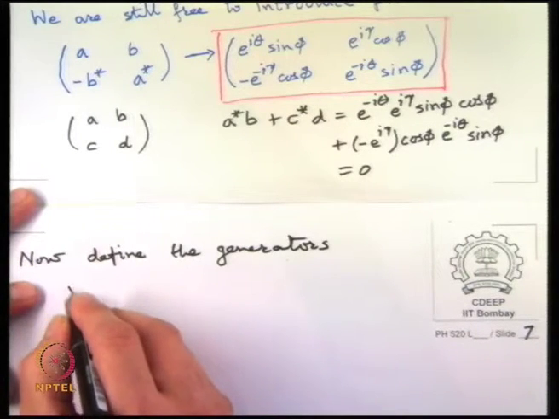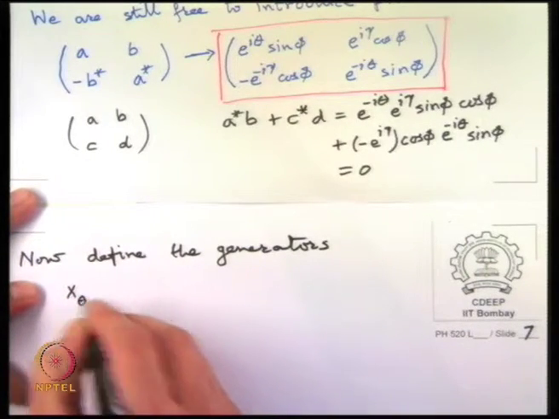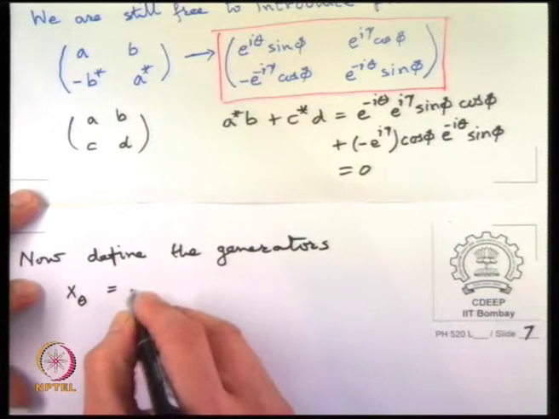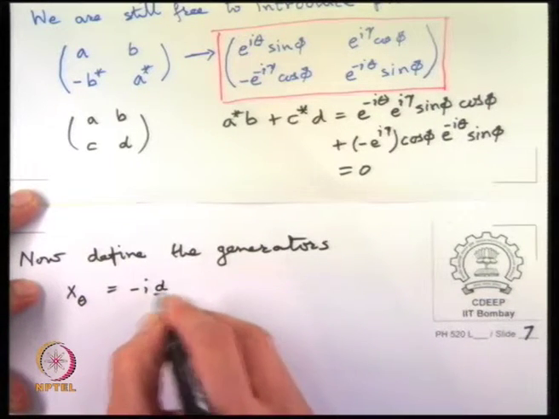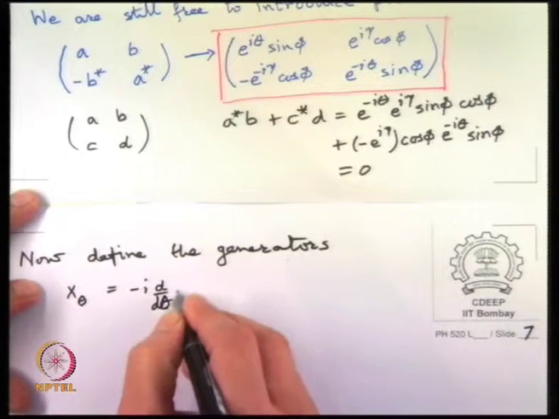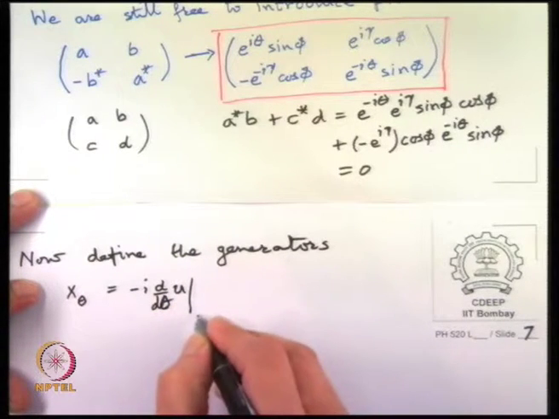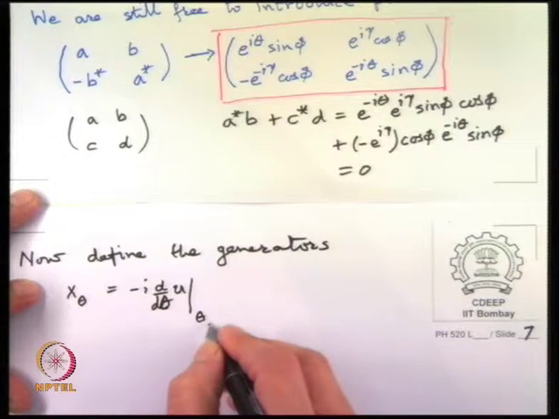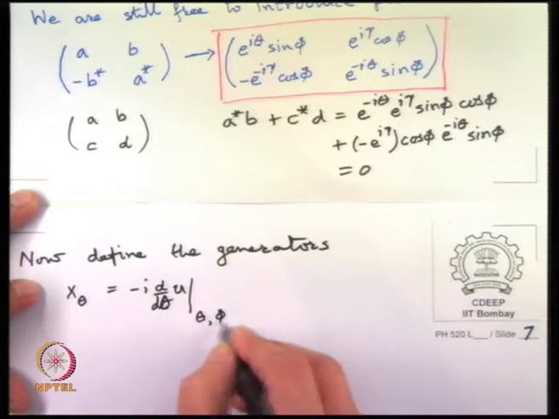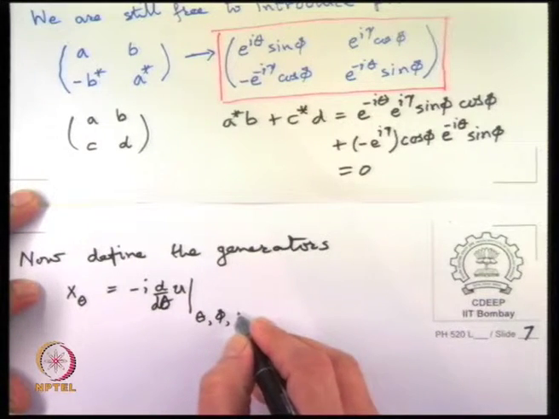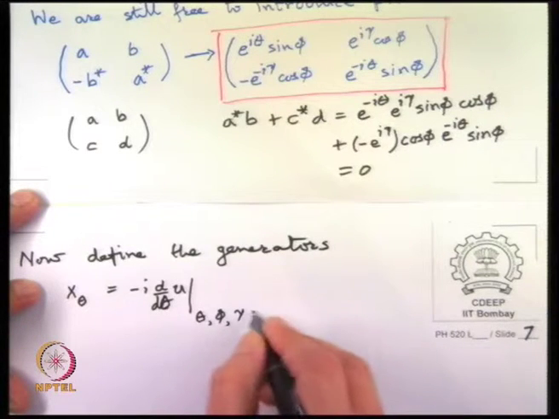At first, let me just say X_theta equals minus i d by d theta of U at theta equal to 0, all the angles equal to 0, theta, phi and gamma equal to 0.